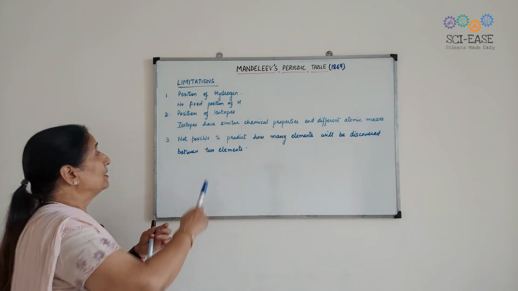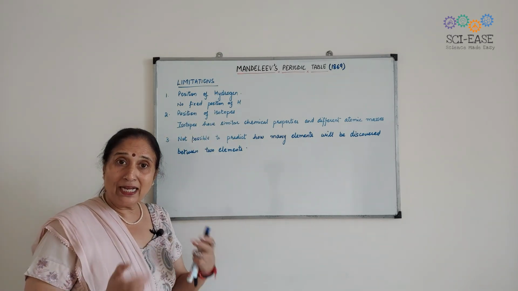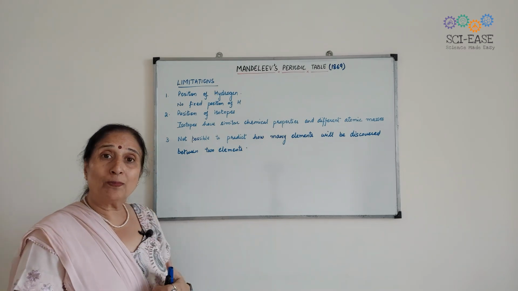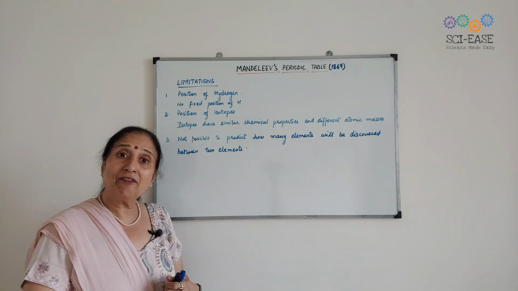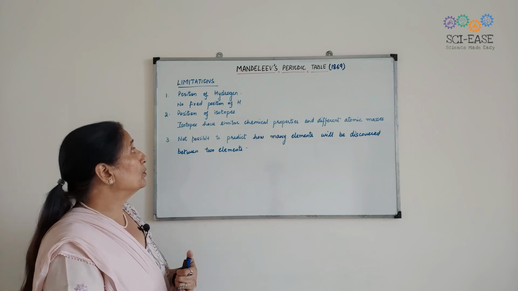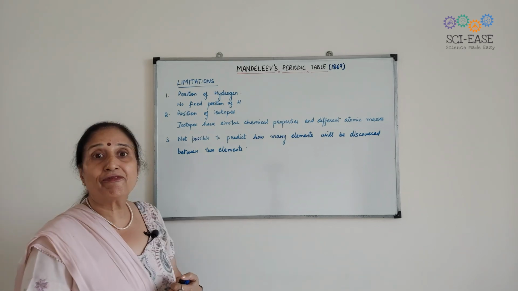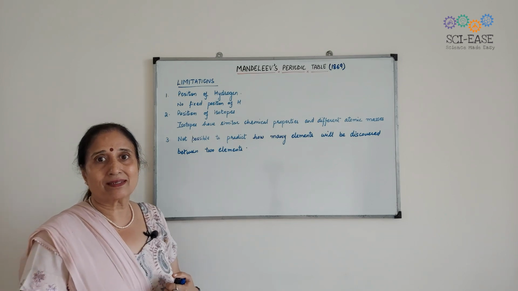Second thing, position of isotopes. What are isotopes? Isotopes have the same atomic number, or you can say similar chemical properties, and different atomic masses.